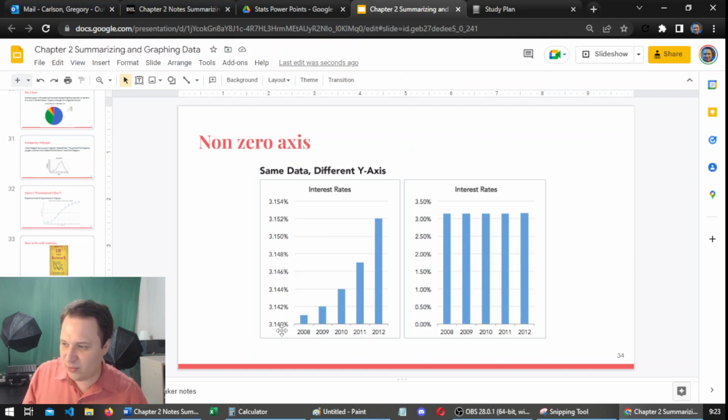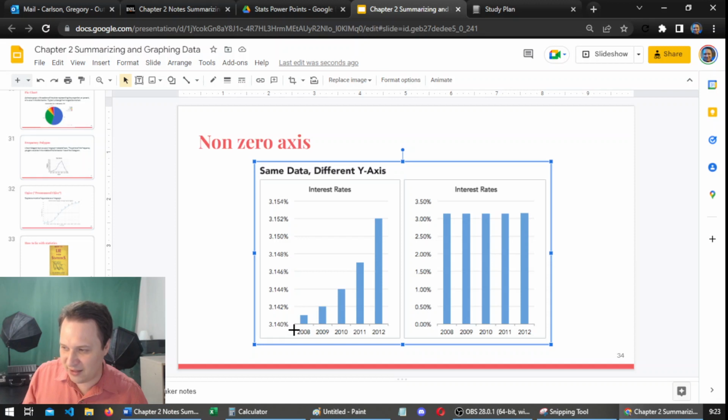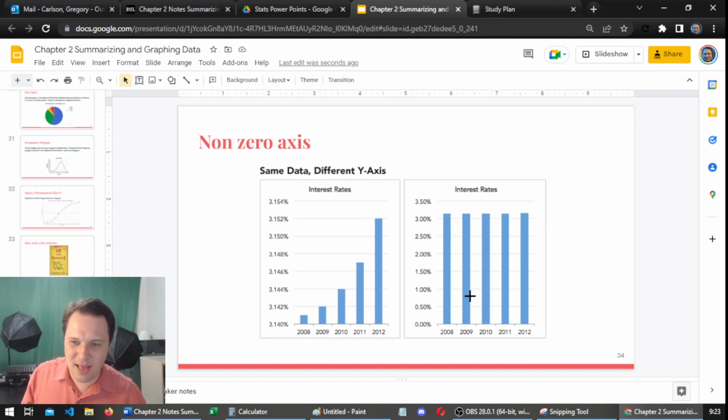However, here you can see that we started at 3.14%, and look how many decimals we go to make it look like there's this big increase that's happening. But in reality, if you start the graph at 0, like you should, it's increasing, but only very slightly. Only very slightly. So that's one way to misrepresent statistics with graphs, and people do it.